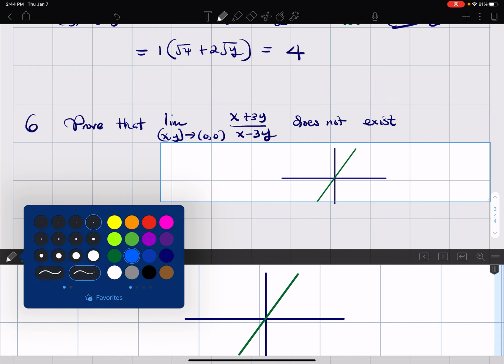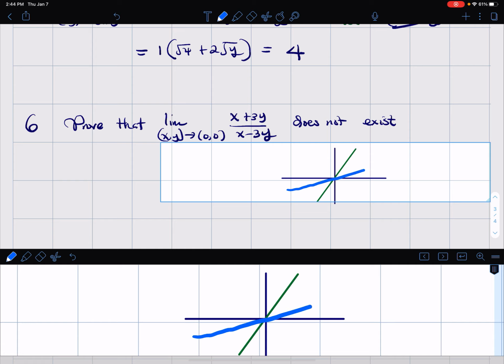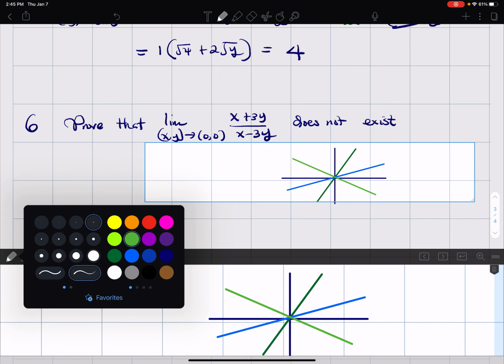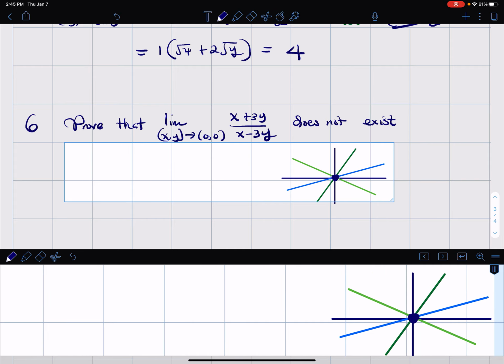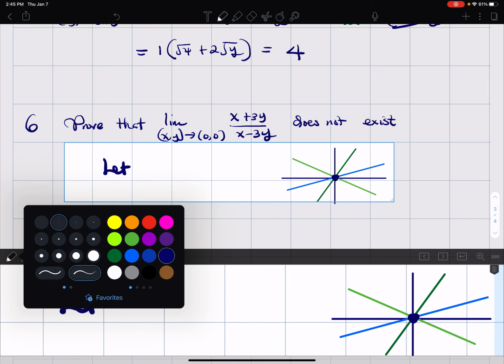There are infinitely many lines, but they're just lines that look like that. And so forth. So we're approaching the origin, we're approaching (0, 0).